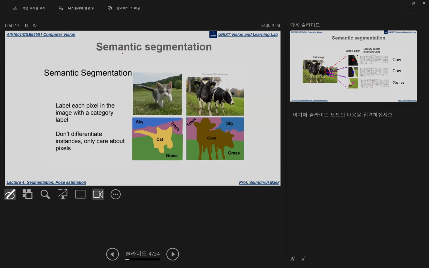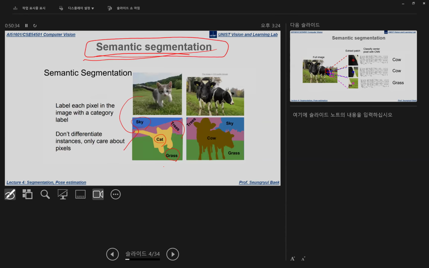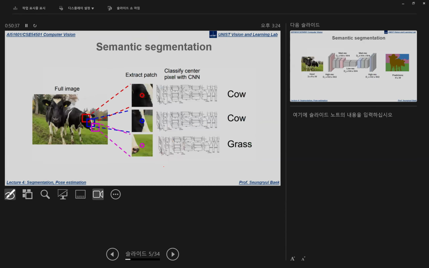First thing is the semantic segmentation that I explained before. Given this RGB image, we will estimate their pixel-wise responses. Pixel-wise ground truth, we have to estimate. But a naive way to achieve this semantic segmentation is to apply the CNN architecture to small patches extracted from the images.